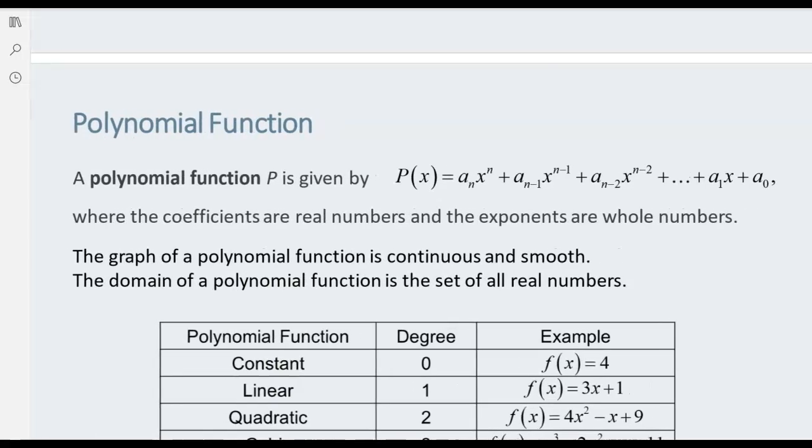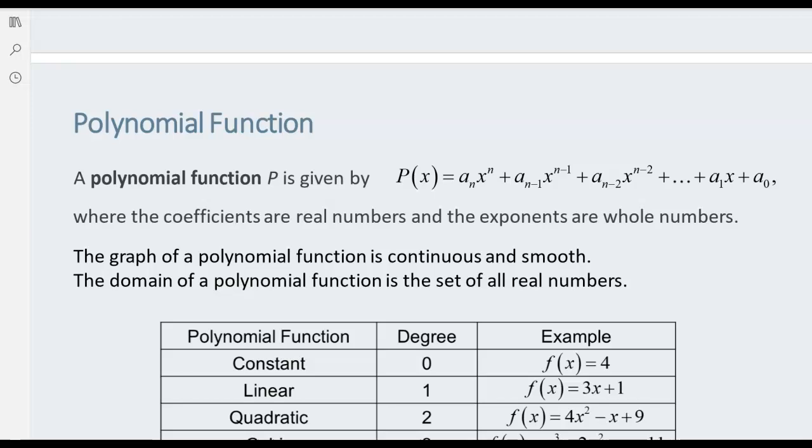A polynomial function is one that has this generic format. It's written with x raised to a particular power as the variable. You can see that we always write polynomials in order from the highest power. In this case, we're just saying generically x to the n power.